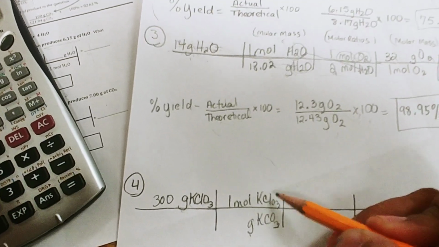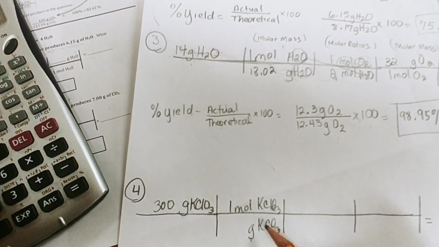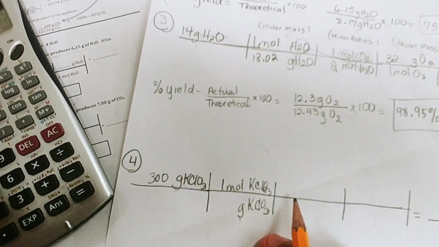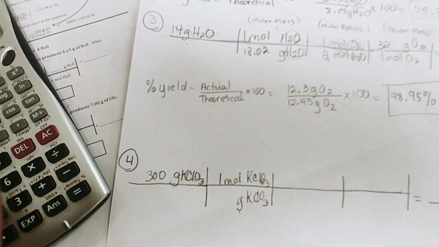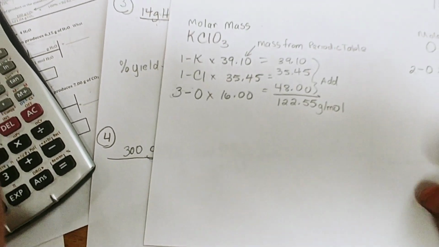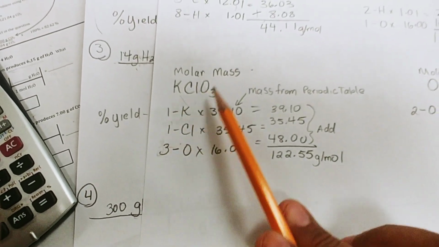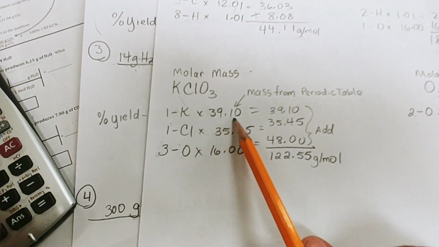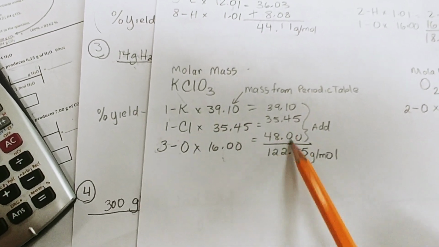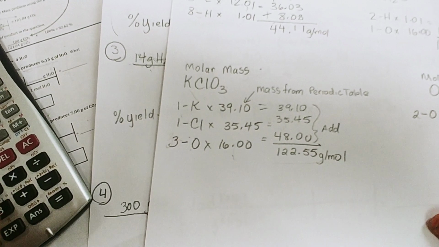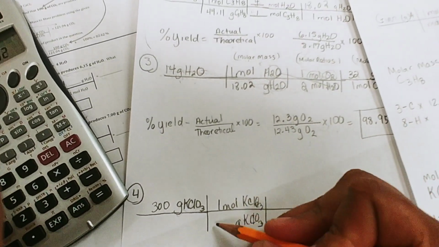So now we have to find the molar mass of KClO3. I calculate the molar mass. It'll look like this: 1 K, 1 Cl, 3 oxygens, multiplied by their masses on the periodic table, add them up. My molar mass is 122.55 grams per mole.